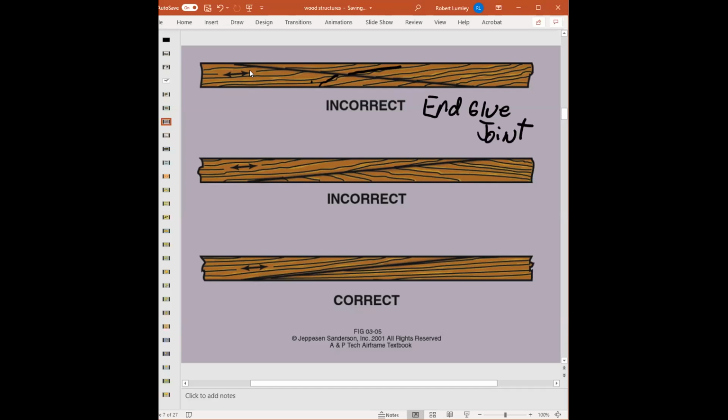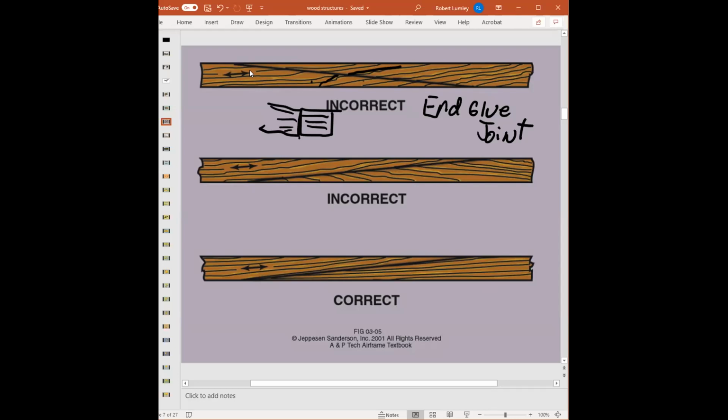And the reason is, if you think about the end of a 2x4, if you take a 2x4 and a 2x4 and the grain's going all in the same direction, you try to glue that together, the glue will absorb into the grain of the wood and make a very weak joint, and that will fail.